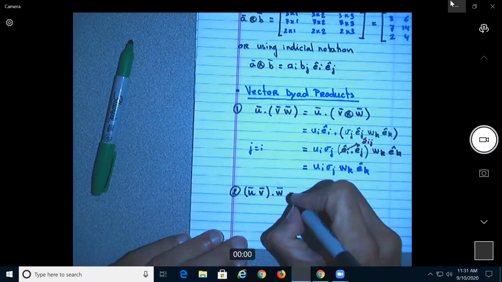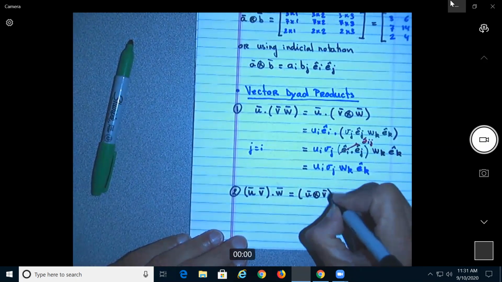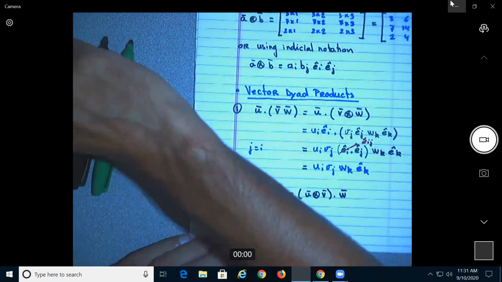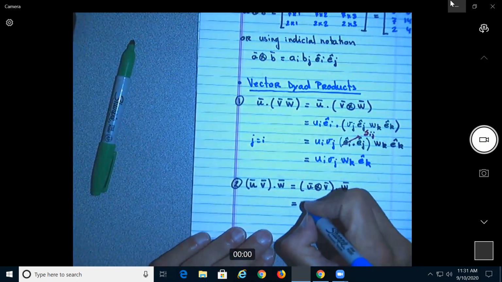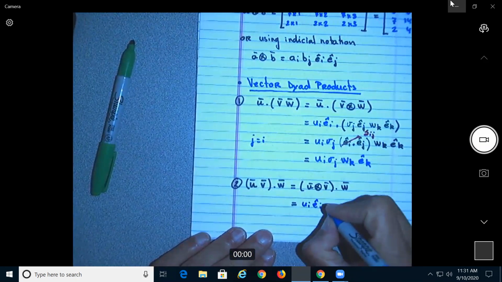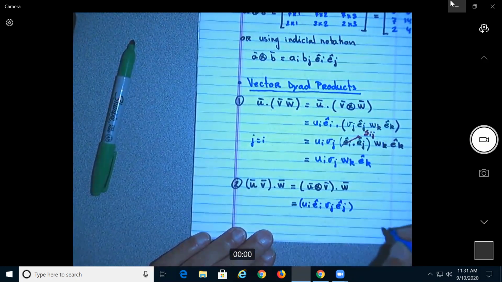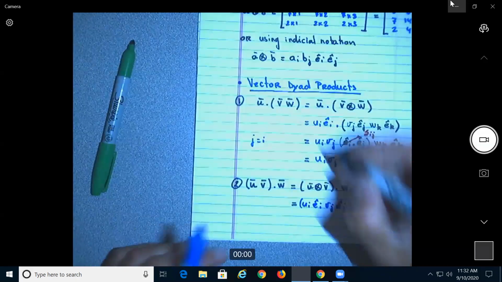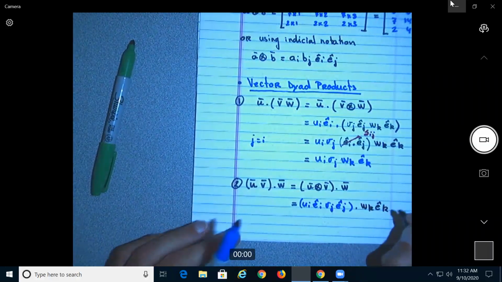This would be the same as having U dyad V dot W. Or using indicial notation, it will be U sub i, e sub i, V sub j, e of j, times, dot, not times, dot, W sub k, e sub k.